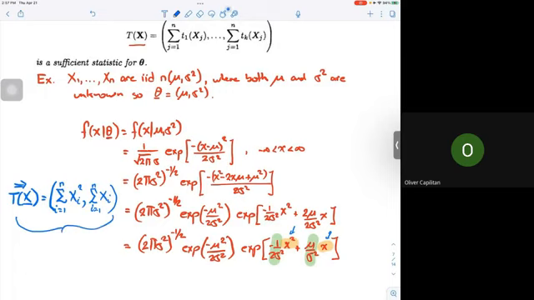Hindi lang yung sample mean, but we have the sum of the square of the x sub i and the sum of x sub i. This is also a sufficient statistic for mu and sigma square. Hence, yung ating sufficient statistic is not unique given a sample.